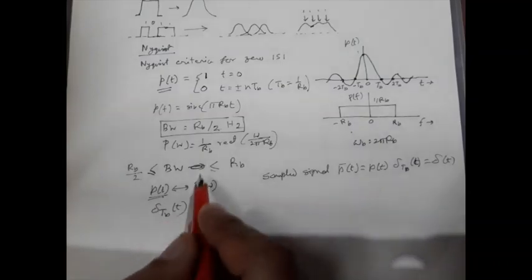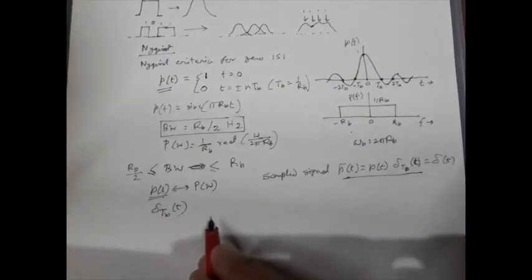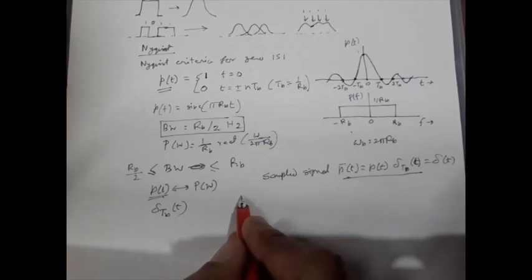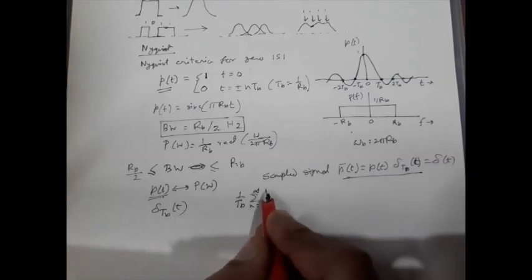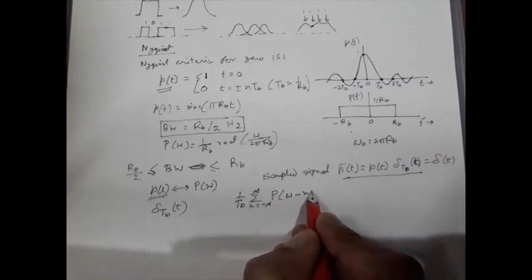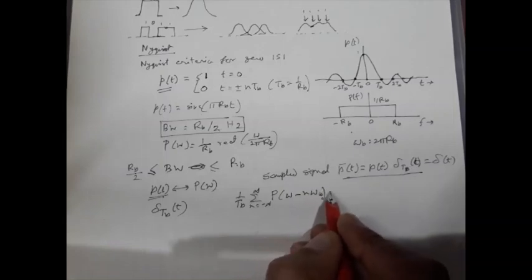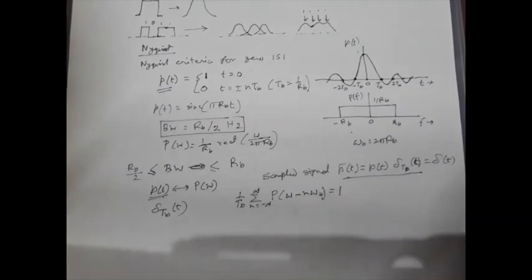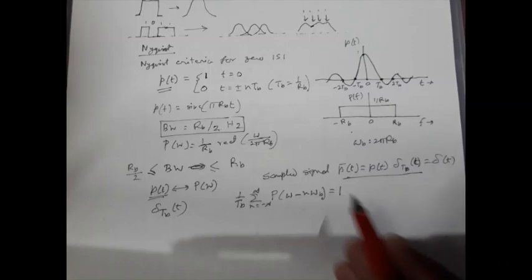So therefore the Fourier transform of both sides of this equation leads to 1 by Tb, summation of n equal to minus infinity to plus infinity P of omega minus n omega b, that is equal to 1.